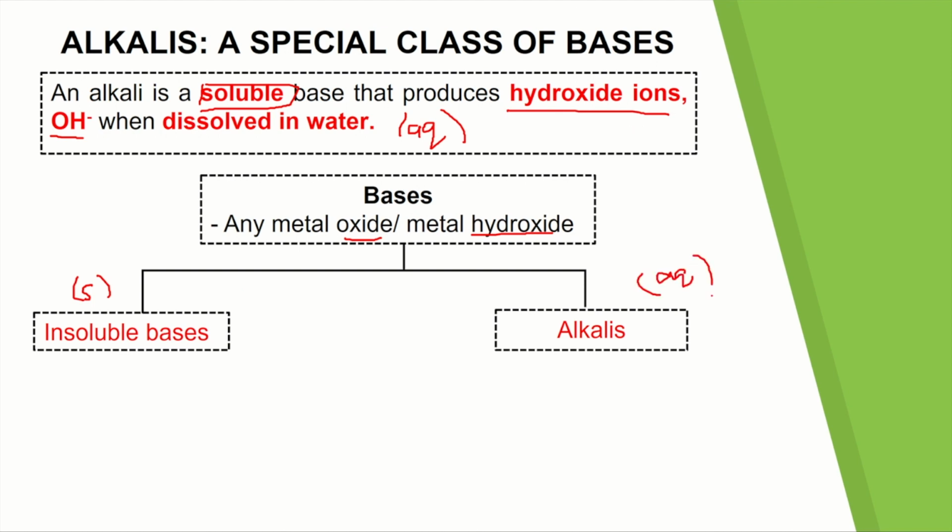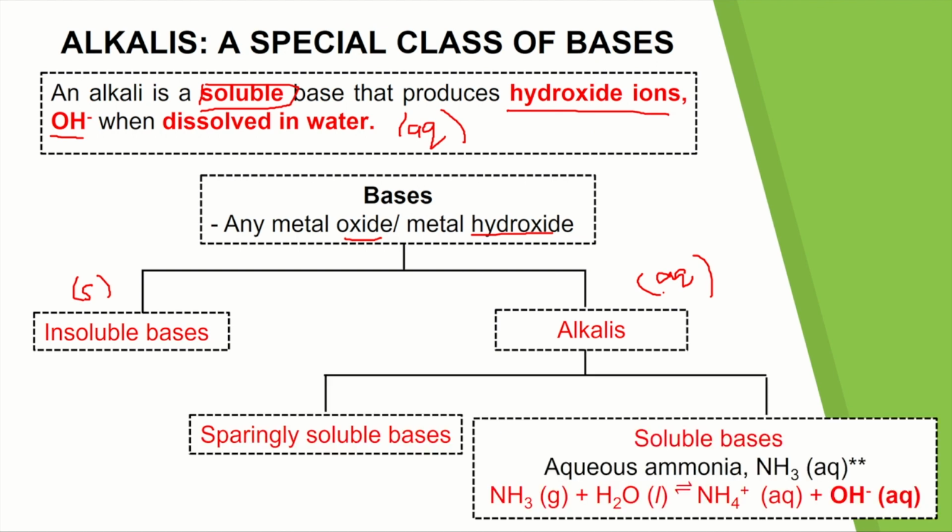So alkali means soluble base. Bases have two categories: soluble and insoluble. Insoluble remains as solid. Soluble means when you add water, it forms a solution. This part is not so important. Just know that alkalis are soluble and in aqueous state.